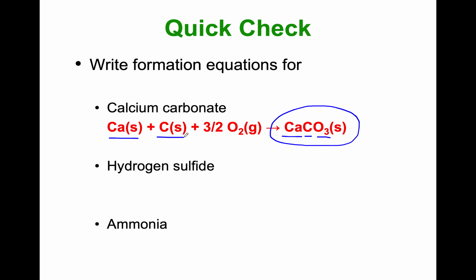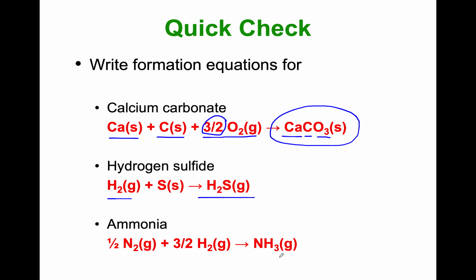Carbon's a non-metal, it can vary, but for carbon it's a solid. And then oxygen's a gas, and we have to account for the fraction to get us to 1 mole of the product. Hydrogen sulfide, H2S: hydrogen diatomic gets us to H2S. Ammonia is NH3, that comes from the elements nitrogen and hydrogen, and then use the fractions to get us to 1 mole of product.